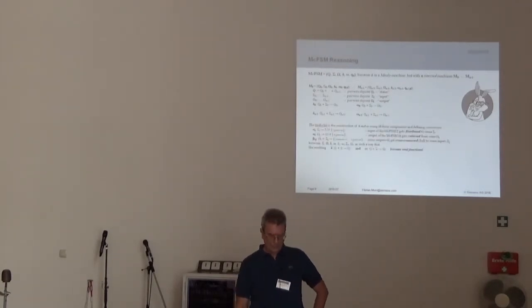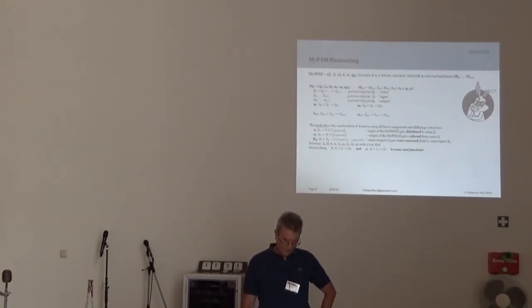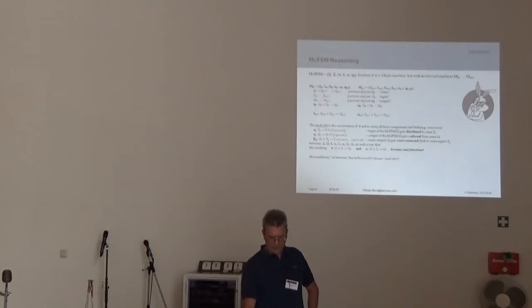And the tricky bit is the construction of all the delta and the omega of the enclosing McFSM out of all these parts and how to connect them and so on. And the last sentence is the most important. These resulting delta and omega must become total functions. The machinery in between is the stack, as I told you before.